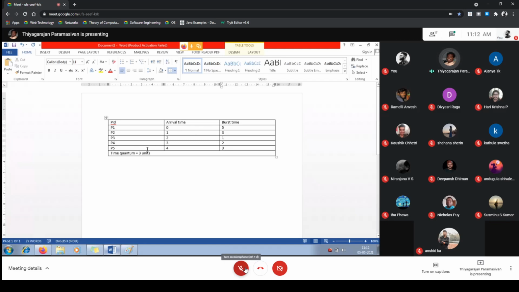And the time quantum is 2 units. Please write this question and you have to solve using round robin. P1 to P5, arrival times 0, 1, 2, 3, 4, burst times 5, 3, 1, 2, 3. Solve the above by using the round robin scheduling algorithm.